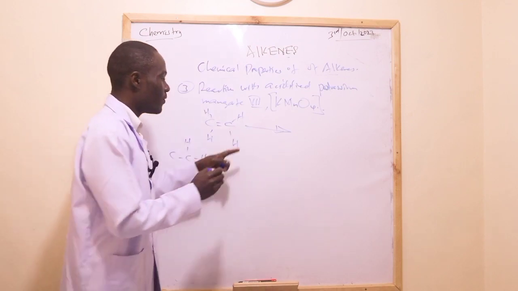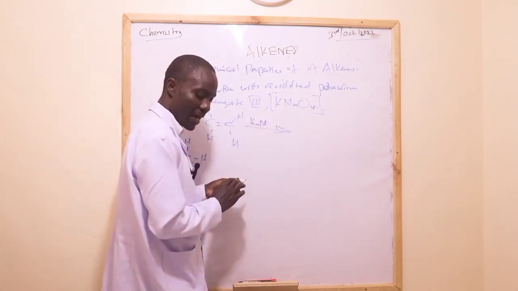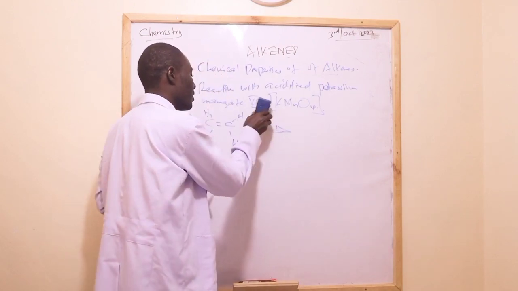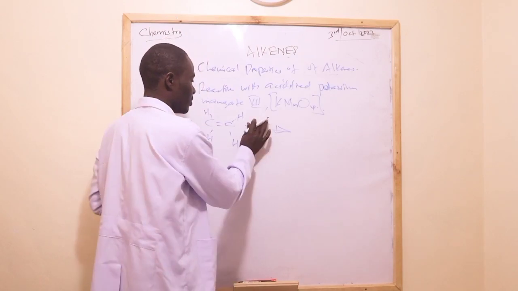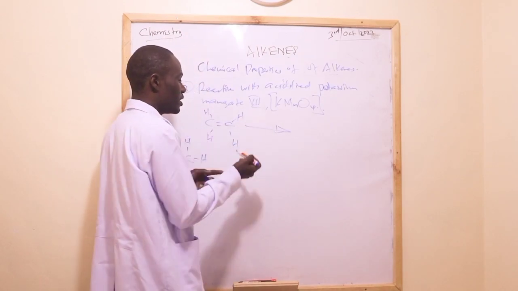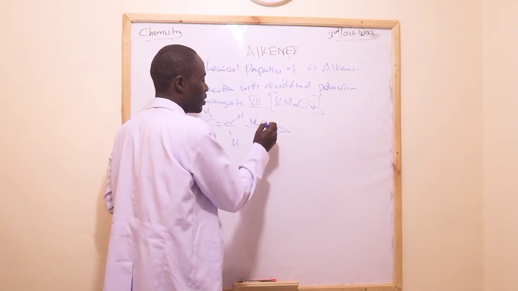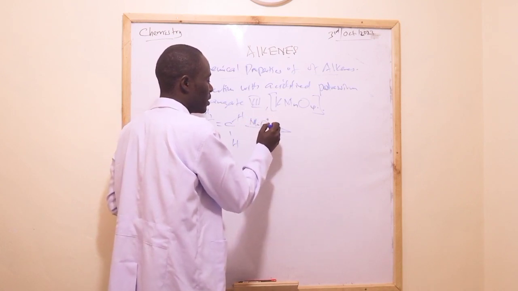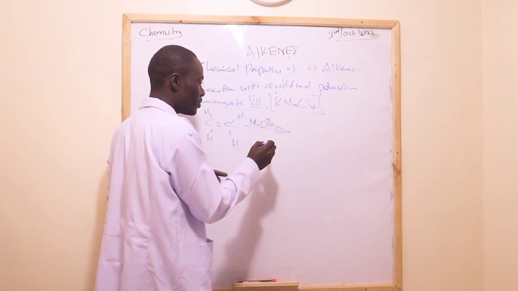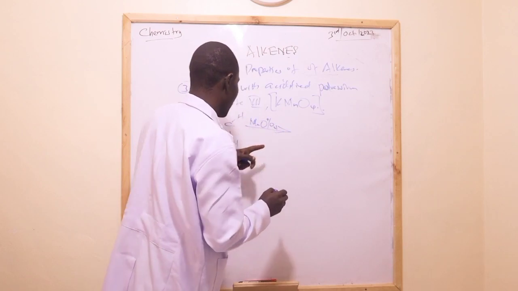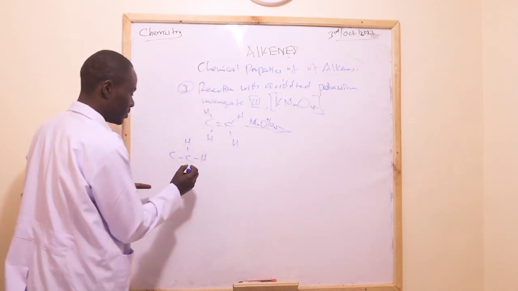The manganate(VII) ion will be donating oxygen atoms dissolved in a solution, and adding hydrogen and oxygen to form this compound.